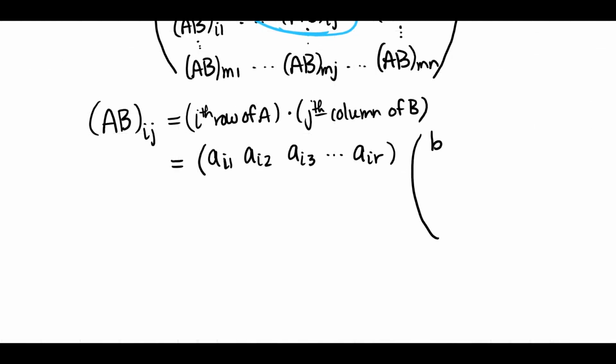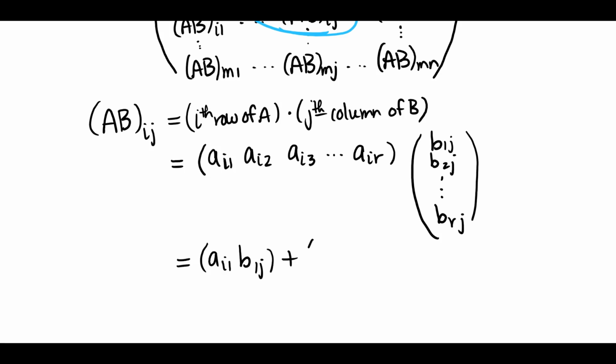So this one's going to be B1J, B2J, my column stays the same, all the way to BRJ. Then you just dot those, and we get AI1 times B1J plus AI2 times B2J plus dot dot dot plus AIR times BRJ.